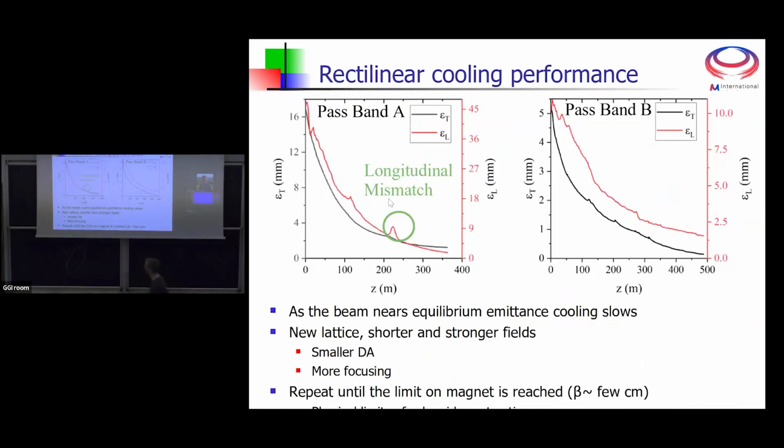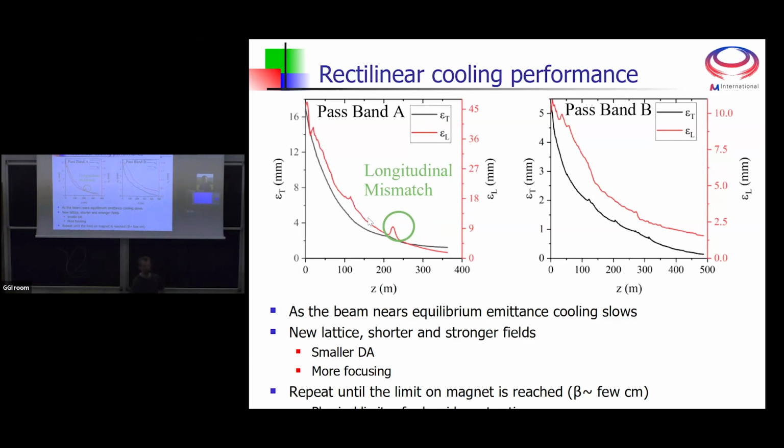And then this is the cooling performance for the rectilinear cooling system. So I talked about matching earlier. First of all, you can see the red curve shows the longitudinal emittance reducing. The black curve shows the transverse emittance reducing. This is what we want. And there are 2 different sections, one with the passband A and one with the passband B. What you'll see is there are these little spikes.